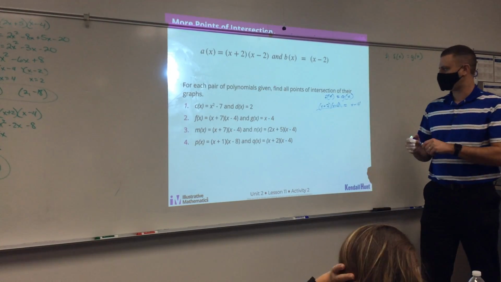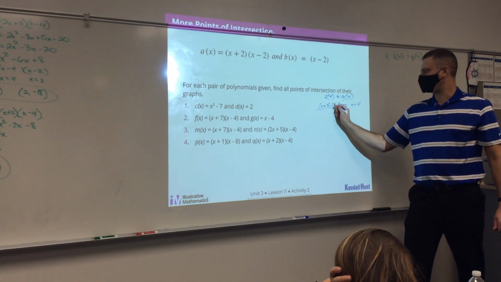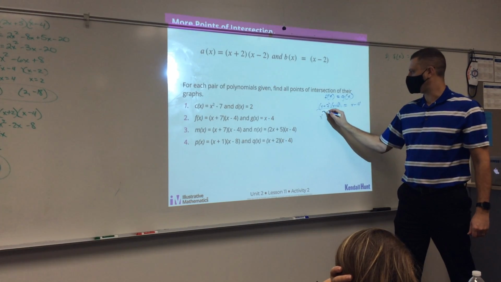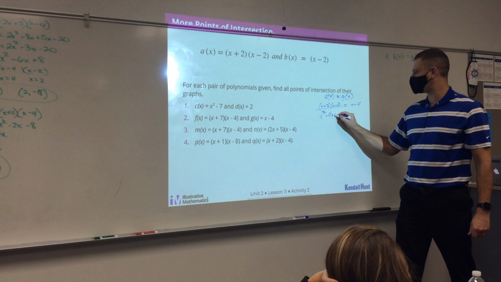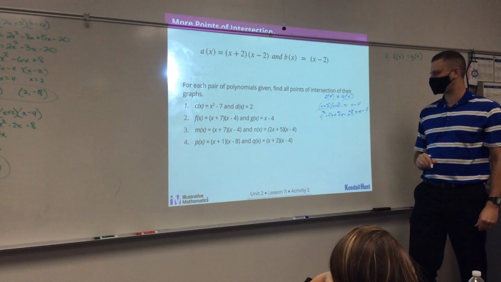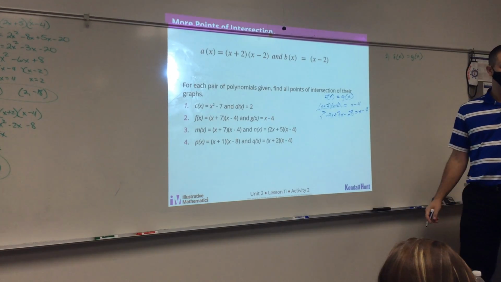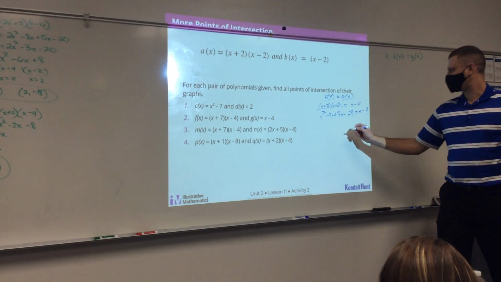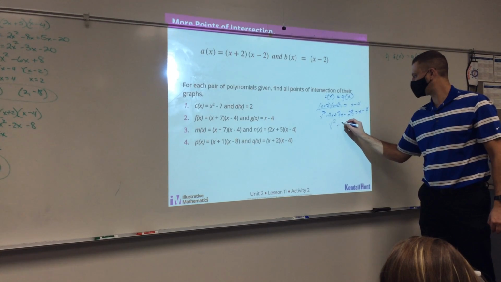Here would be the other way, and Caden was doing it. He was distributing. So x squared minus 4x plus 7x minus 28 equals x minus 4. Combine like terms.